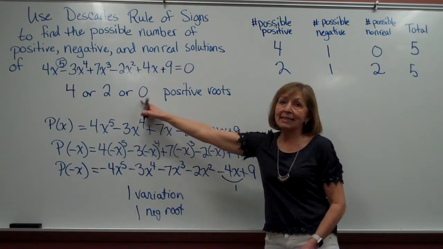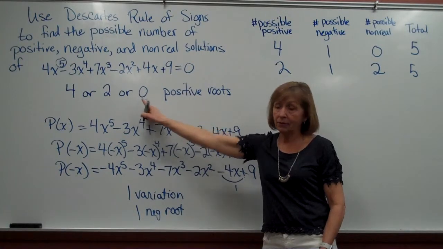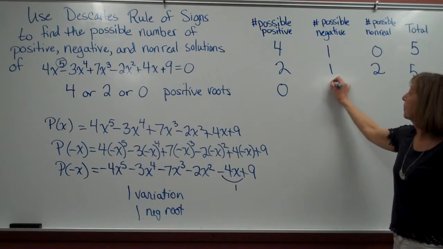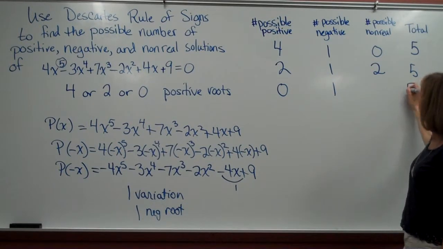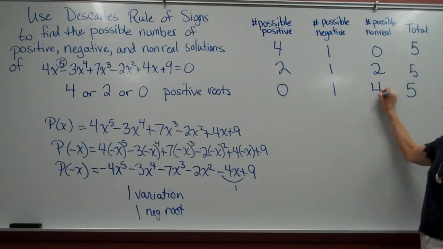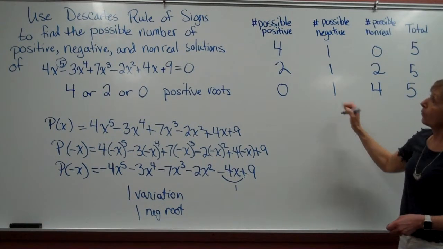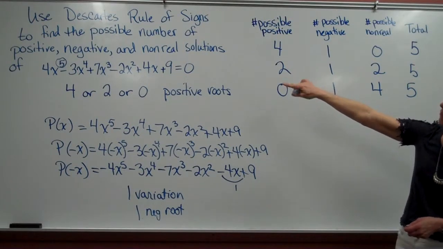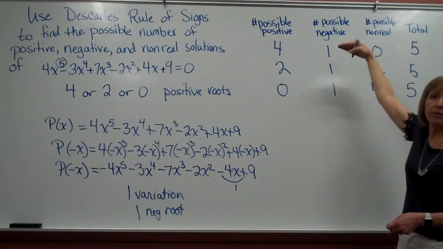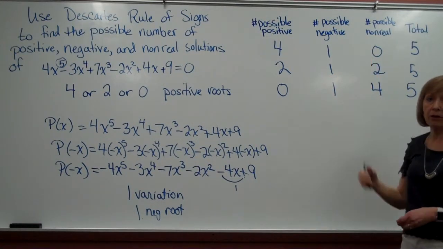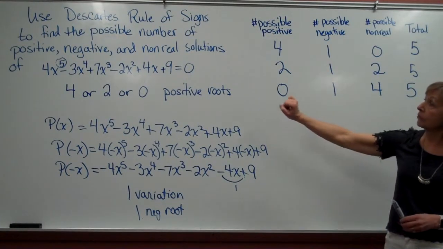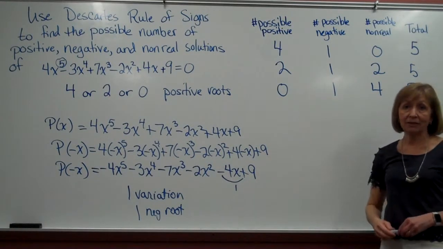And then the last case is if I have 0 positive roots with my 1 negative root, and I need a total of 5 roots, that would mean I would have to have 4 non-real roots. So finding the possible number of positive, negative, and non-real solutions is actually this table that shows the different scenarios that might occur for the possible solutions, the sign of the possible solution or types of solutions for that polynomial equation.